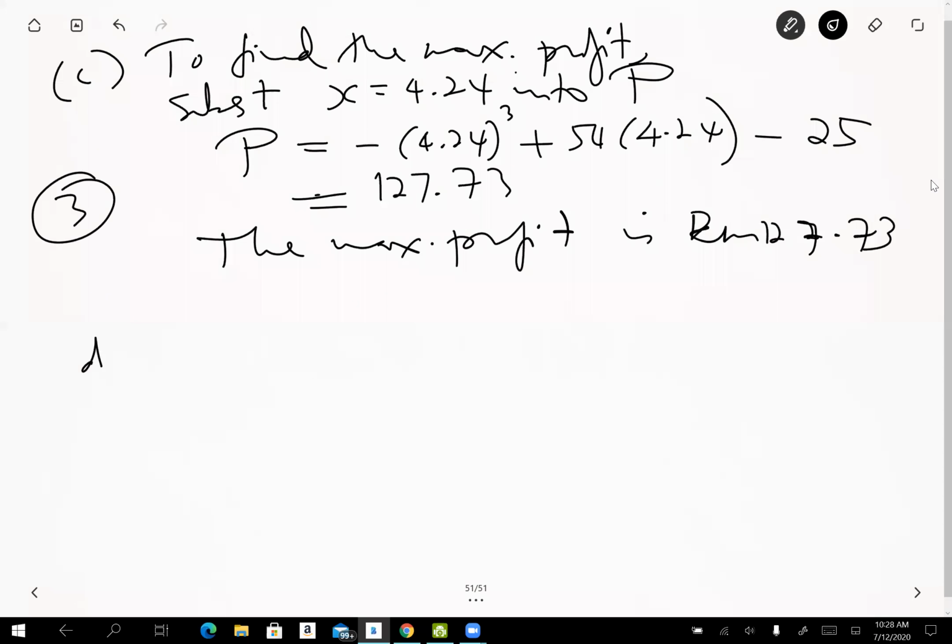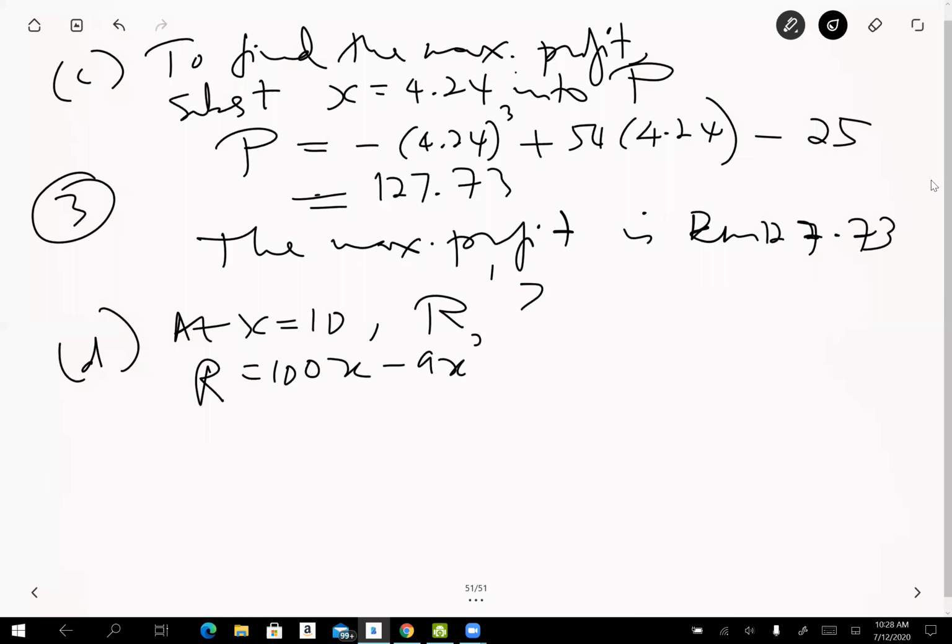Now for part D, at x equal to 10, interpret the marginal revenue. You know the revenue is equal to, which we already have in part A, 100x minus 9x squared. And R prime is equal to 100 minus 18x.